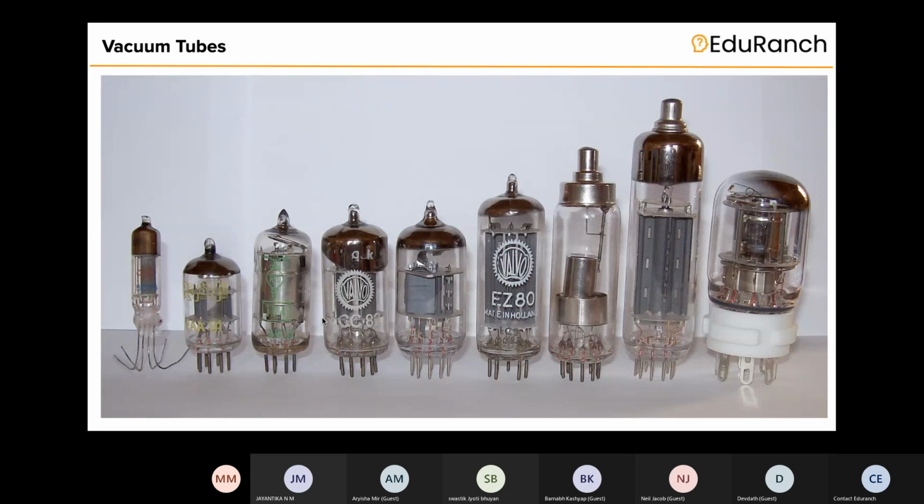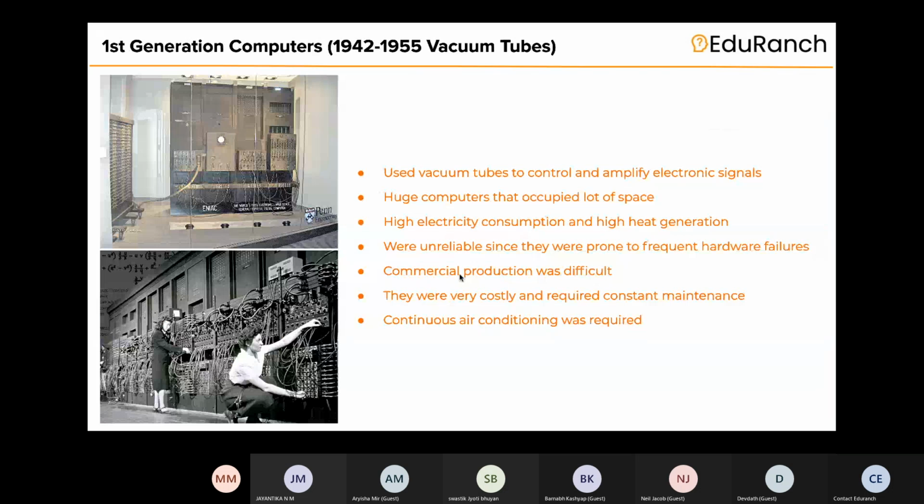If you see, this looks like a bulb. Don't you think it looks like a bulb? Right? So this is called the vacuum tube. The first electrical computers were built using the vacuum tube.